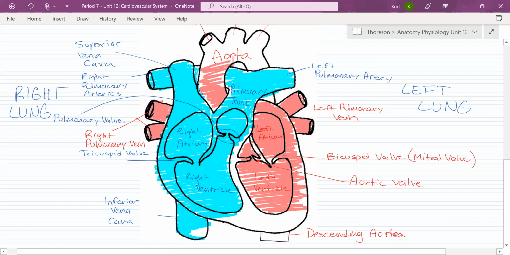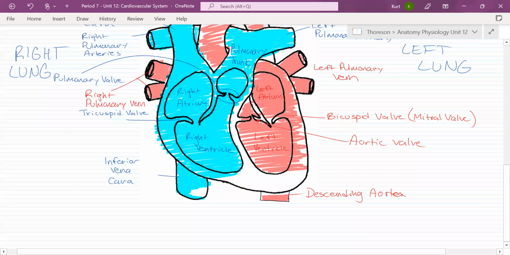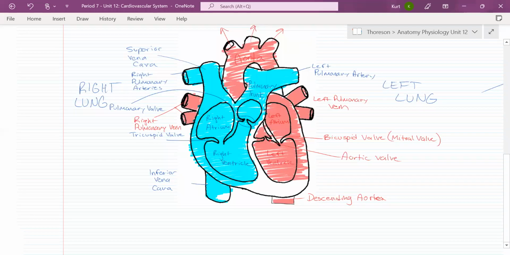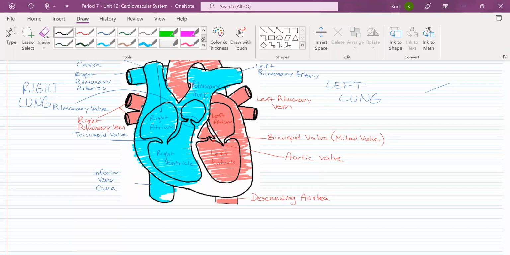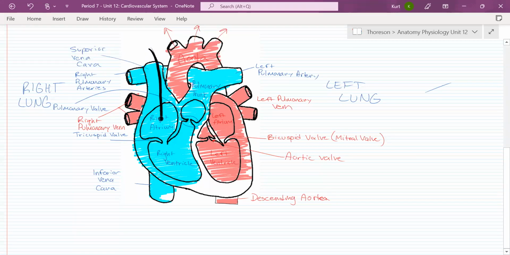And then you have your aorta, which you may also call your aortic arch. Your aorta is about the size of your thumb as far as the circumference of it. And then we have the descending aorta coming out from behind the heart. And that's pretty much the flow of blood. If I were to draw you an arrow, like a solid arrow, here we go. I can do bigger than that. There we go. We're going in here.